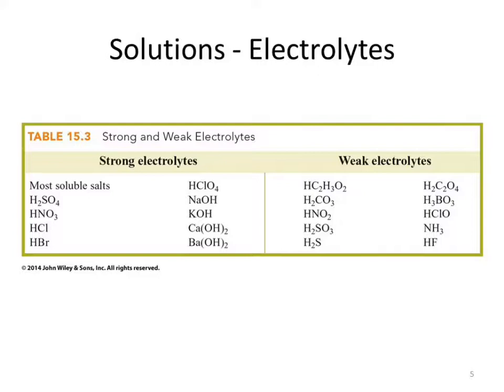Here are a few strong electrolytes and weak electrolytes. One big thing to point out with our strong electrolytes is most soluble salts. We're going to learn solubility rules in this chapter. If a salt is soluble, it should be a strong electrolyte because that means it will split up into ions. Some other things listed here are some strong acids and some strong bases. And on our weak electrolytes, we have some weak acids and some weak bases.